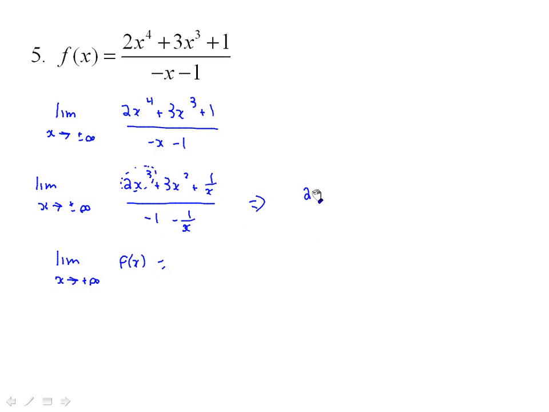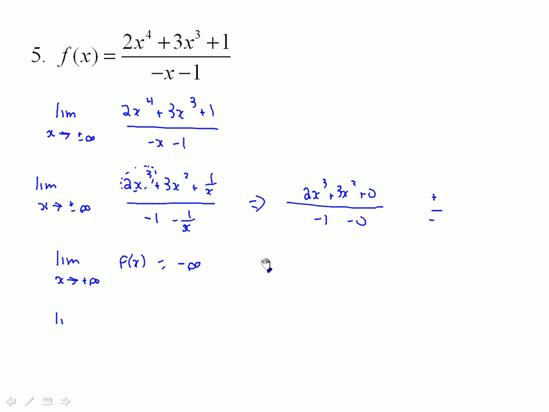This really is 2x to the 3 plus 3x squared plus 0, if you like, over top of negative 1 minus 0. So in fact, for this function, the limit as x gets bigger and bigger is going to be negative. It's going to go down. Positive number on top, and then a negative number on the bottom.